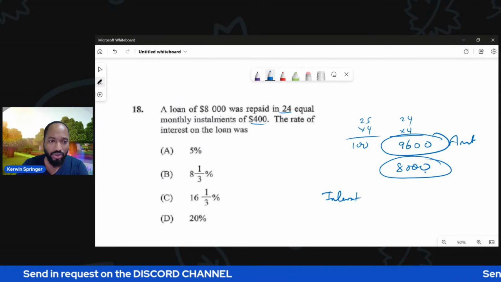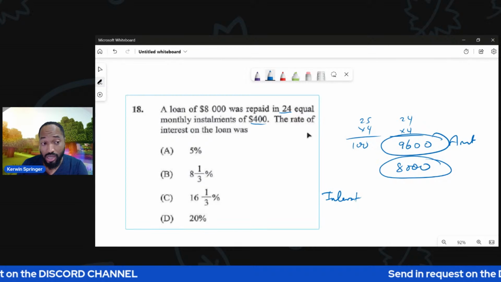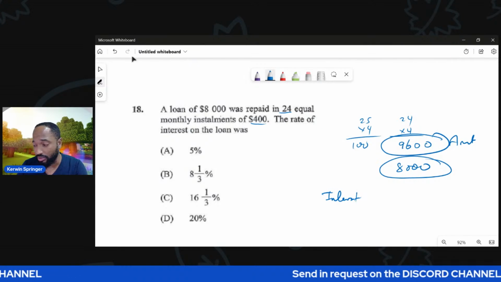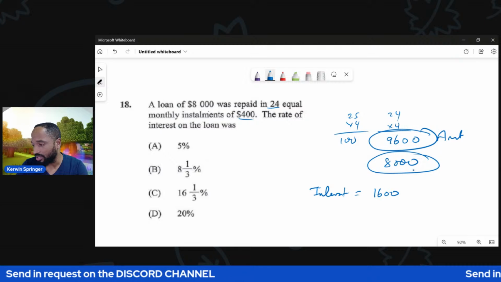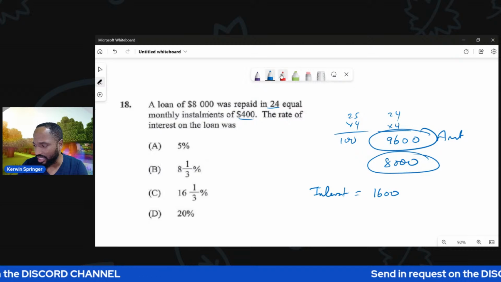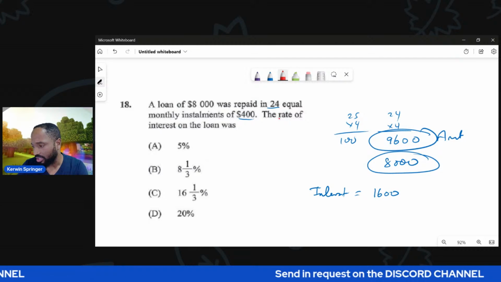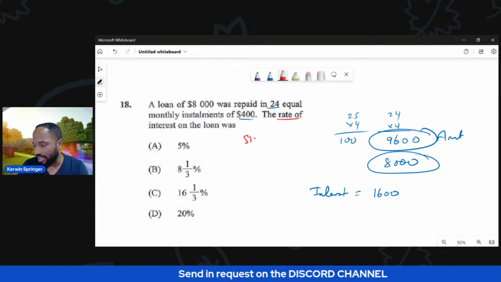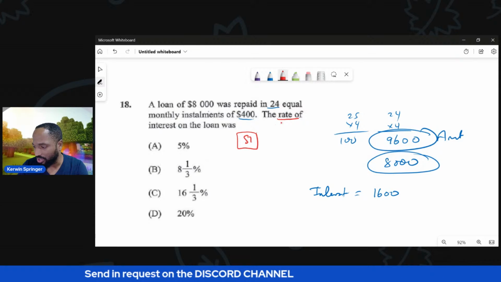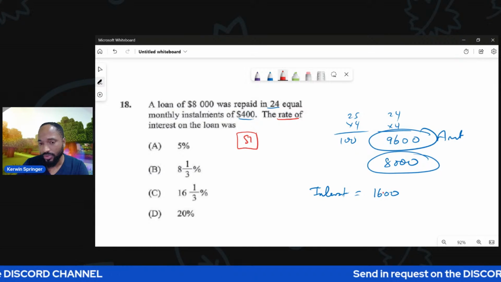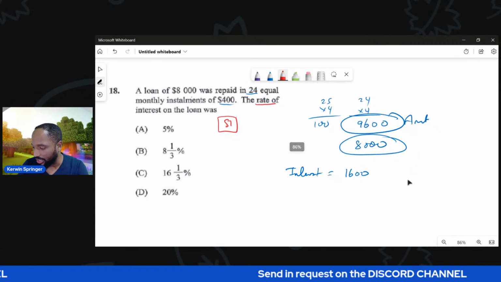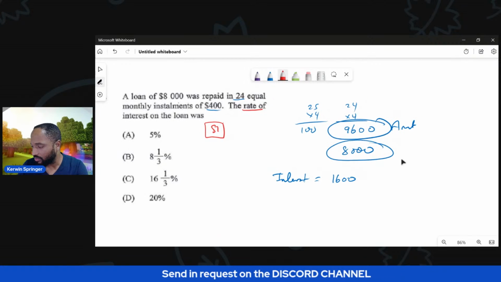Now this is a little tricky, boy. Where did I get this question from? This question, I hope CXC understand the trick in this question. The interest is what? 1,600. But they didn't ask the interest, they didn't ask the percentage interest. That's the rate. And you had to use simple interest. So this question is a little tricky, because if you use 16%, let me just verify and see if CXC was thinking about that.